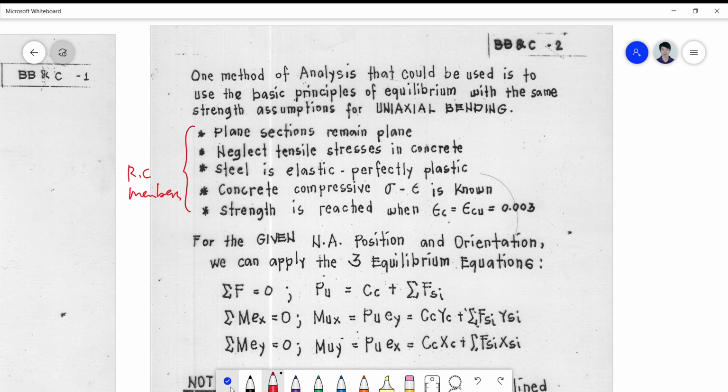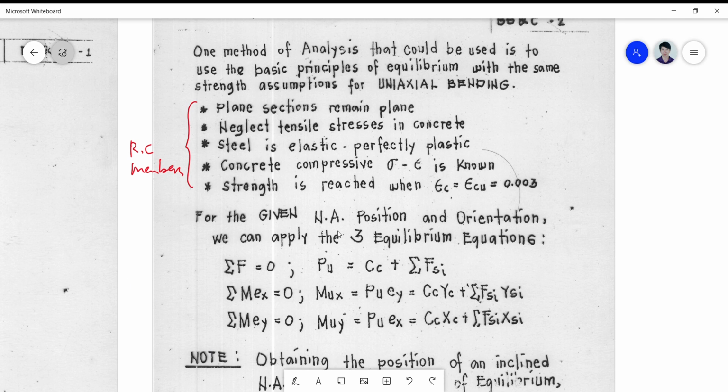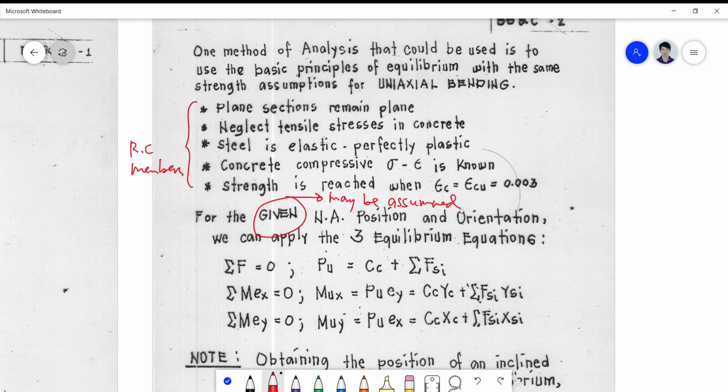For the given initial position and orientation, this is always a given value, or this may be assumed. Again, the reason for that is because you have a lot of possibilities when it comes to column behavior.